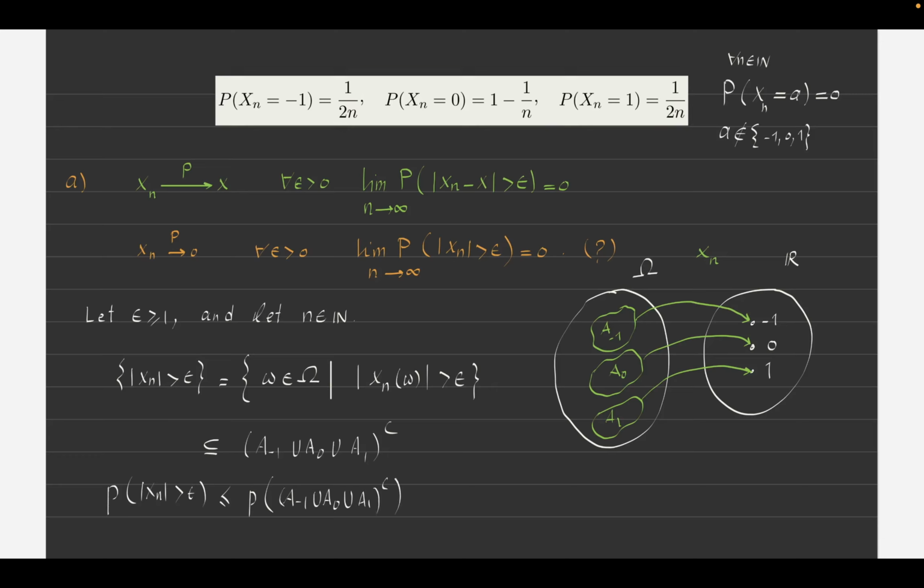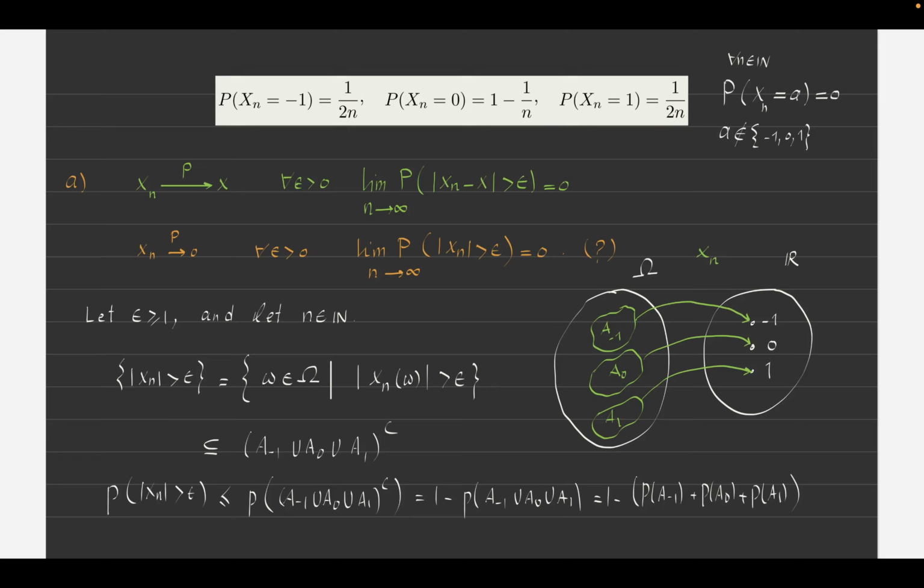But we know that the probability of the complement event will be 1 minus the probability of the event itself. And because these events are mutually disjoint, I can write minus the probability of A -1, plus the probability of A0, plus the probability of A1. Okay?